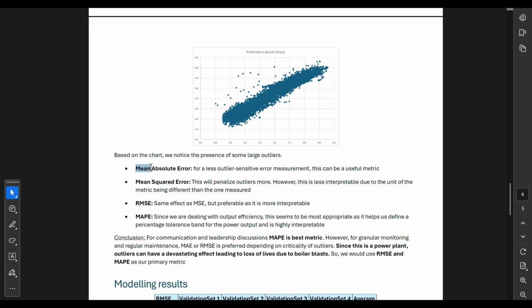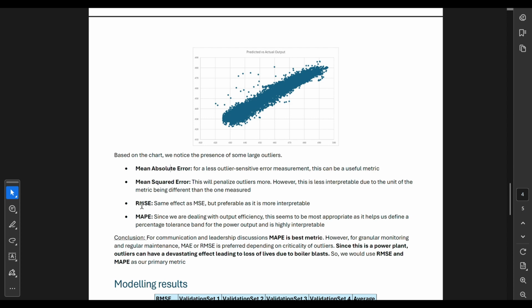And while mean absolute error might be good at sort of evening out the impact from these high value outliers, the mean squared error, on the other hand, will penalize these outliers more than it penalizes some of the low error quantum outliers.